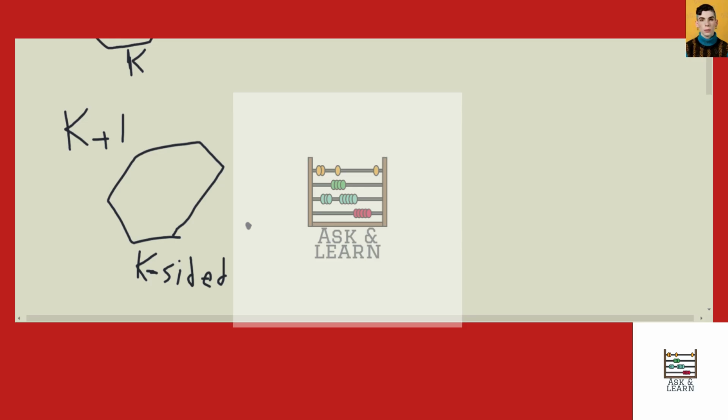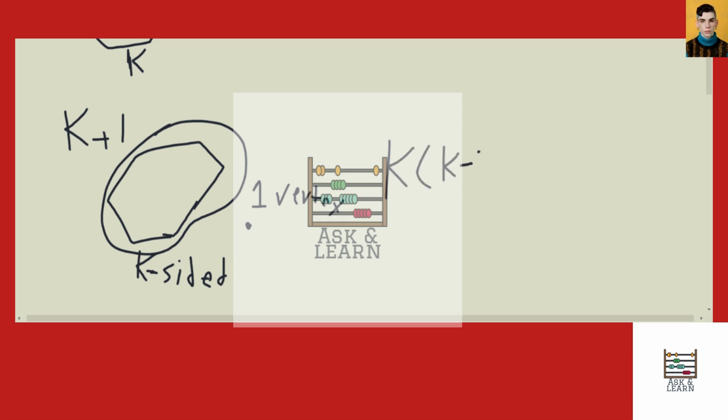So if this is k-sided, now we have an extra point, just the last vertex. Then the diagonals in here are going to be k times (k minus 3) over 2.